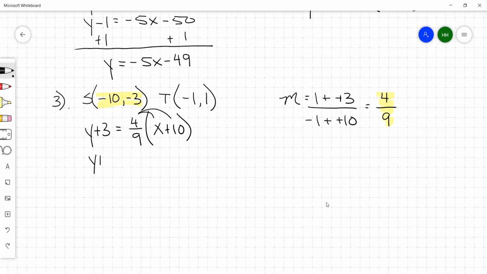So y plus 3 will equal 4/9 x plus 4/9 times 10 in your calculator. What's 4/9 times 10? I'm guessing 40/9. 4/9 times 10. That's 40 over 9.